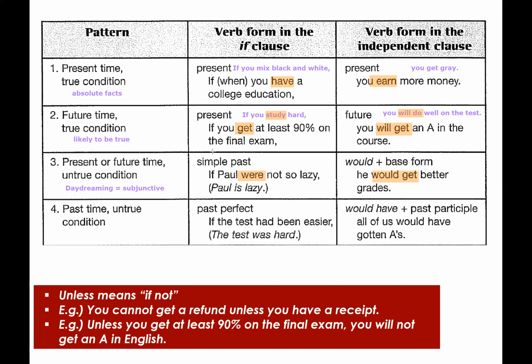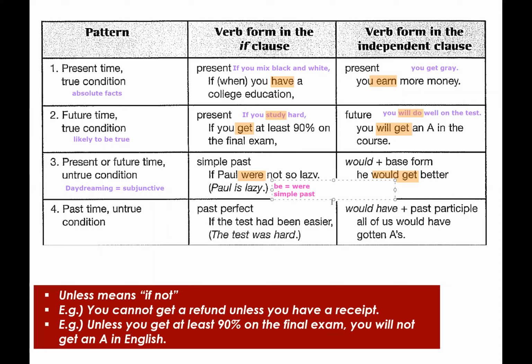So you can see here for the if clause, we need to use simple past. And the reason why it is called subjunctive mood is because when we use the be verb, it doesn't matter whether the subject is singular, plural, first person, second person, third person. It is always were. Okay. And for other verbs, you use simple past tense.